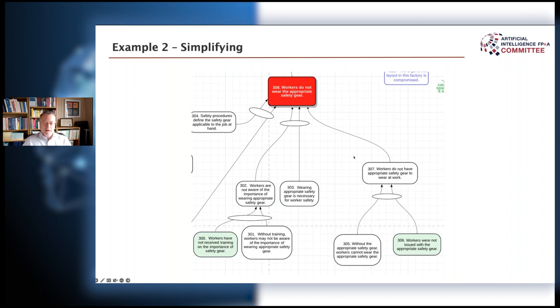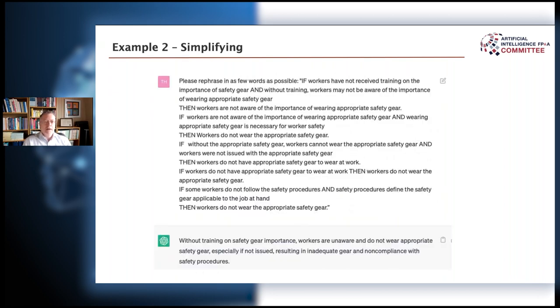And now I'm asking basically the AI to take this and plug it in as a logical statement and ask the AI to simplify it. It's very useful for this also. So we see the example here. So this is basically what I plugged in, the whole logical statement, and this is what we get, the simplification.